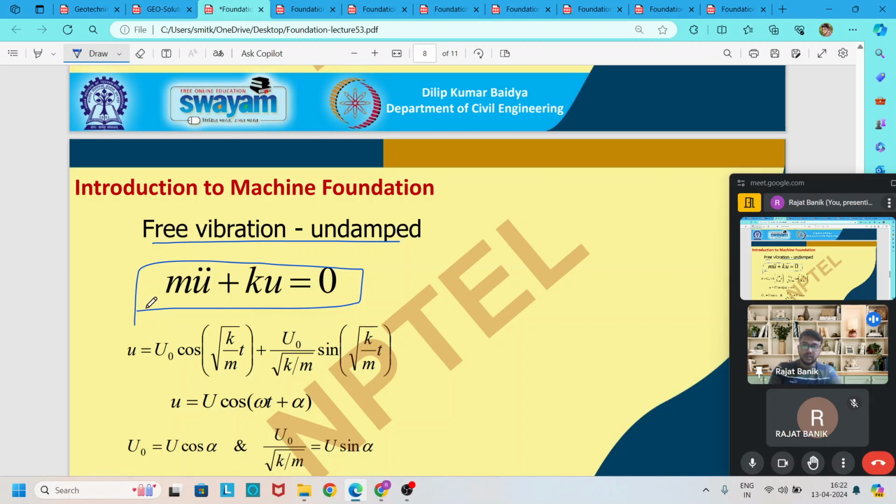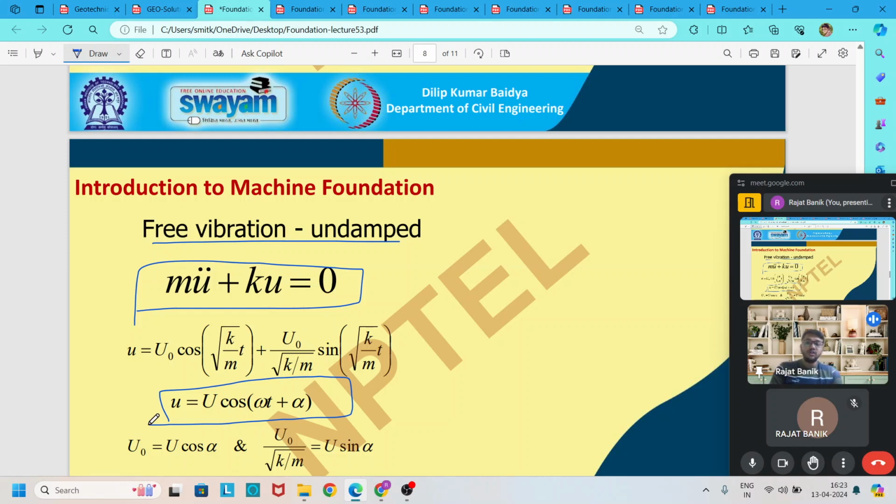If we solve this equation with the help of mathematical tools, our displacement for this system is u equals capital U times cos of omega t plus alpha.